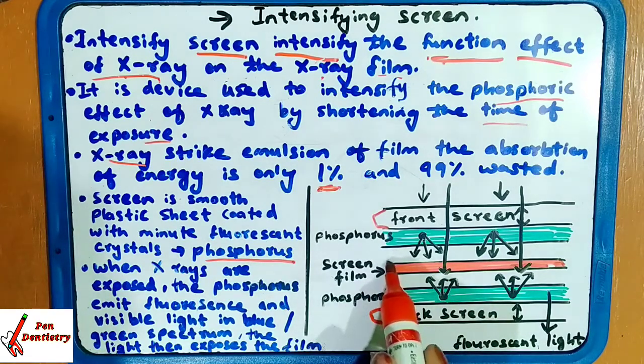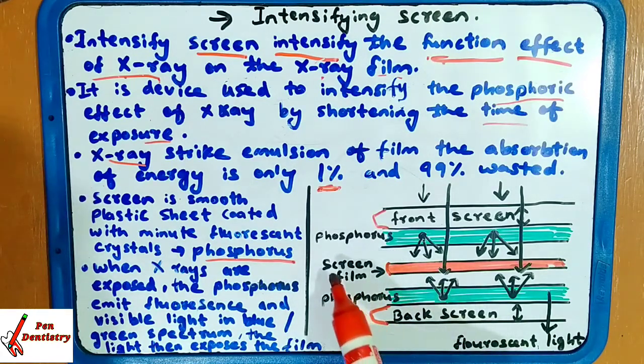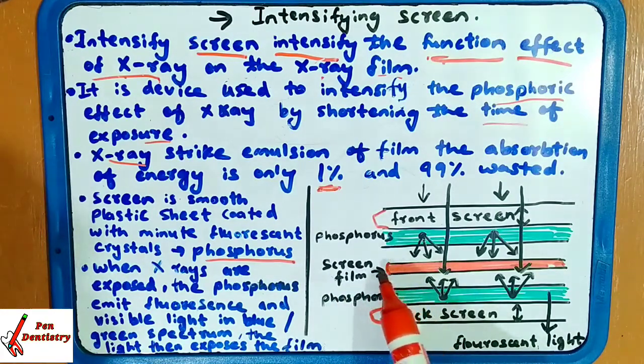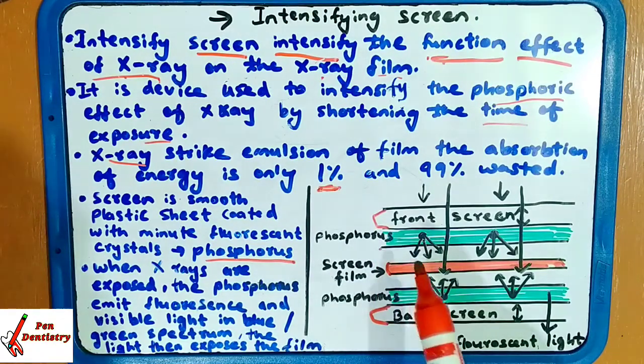In between there is the screen film, and around this film there is a phosphorus layer. You can see the phosphorus layer is present on both sides. In this there are phosphorus crystals.